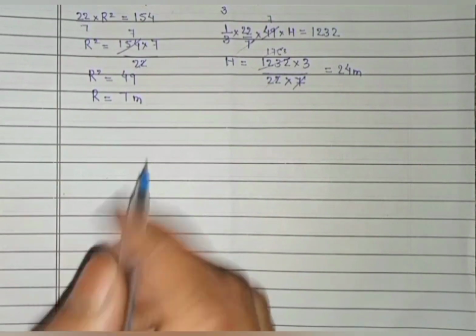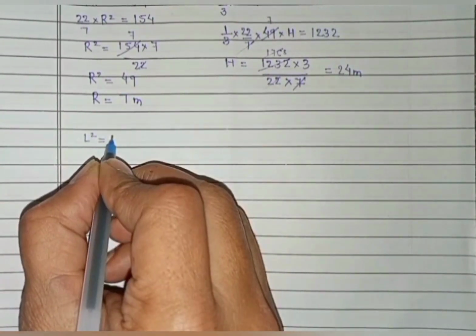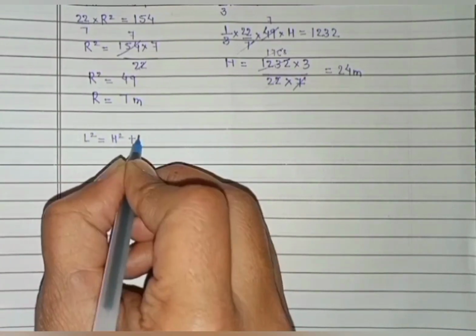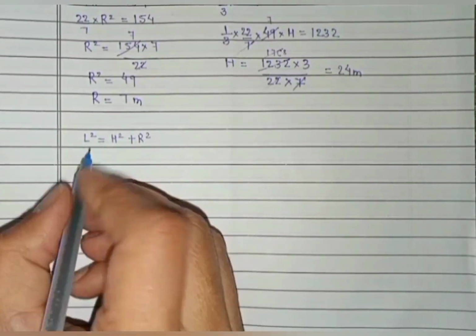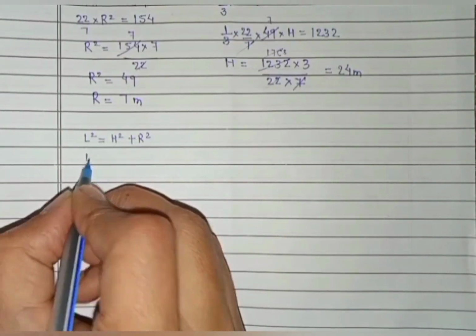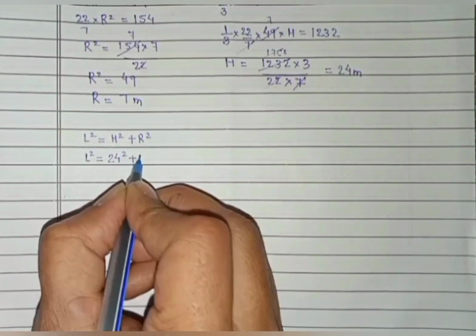So see here, we have this relation L square is equal to h square plus r square. So this relation will give us the slant height of the conical tent. Here h is 24, r is 7.